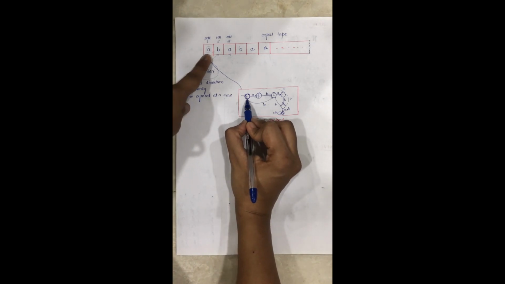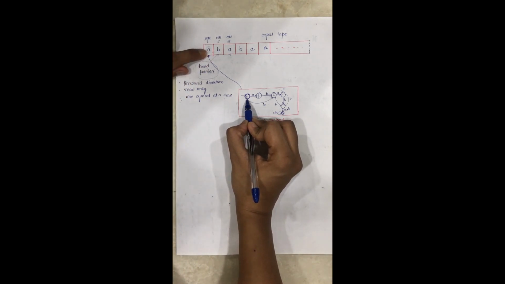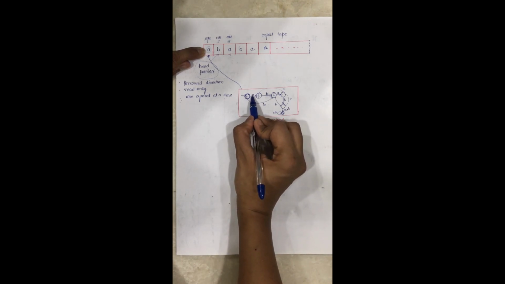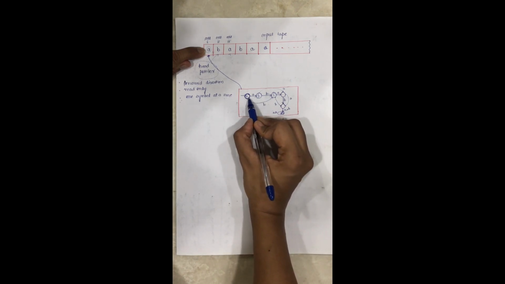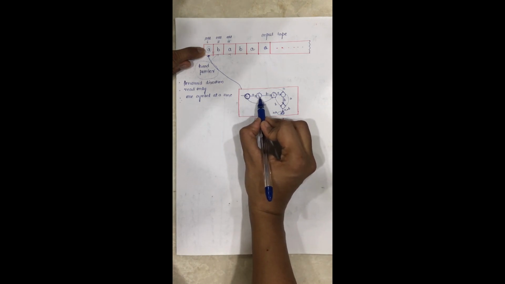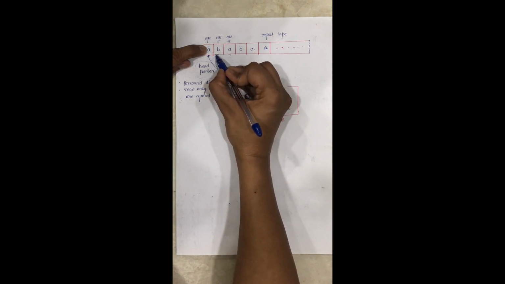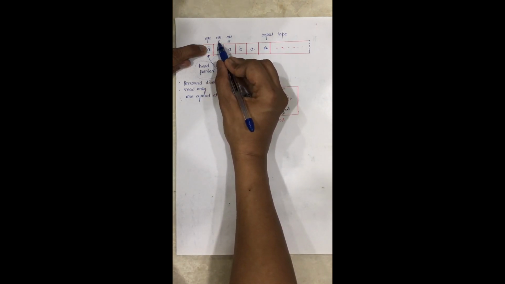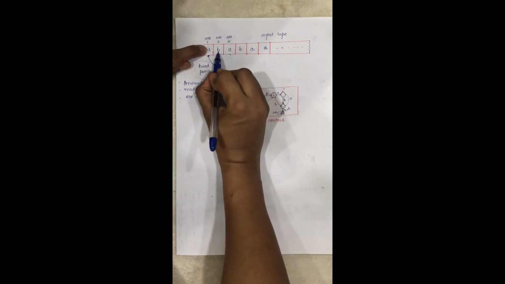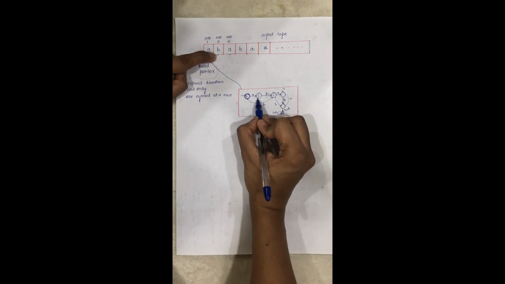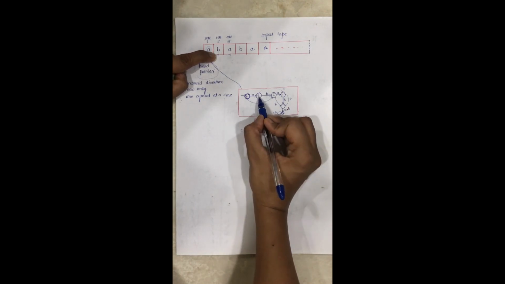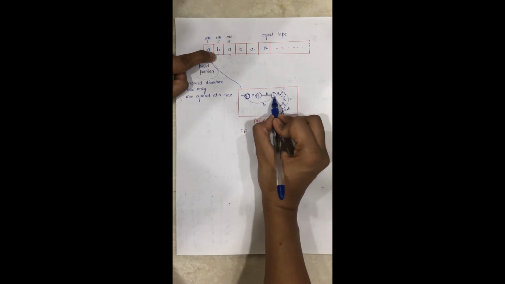Now here the input symbol is A. The head pointer will read input symbol A. At the start state for input symbol A, next state is capital B. So in the state diagram we will move from capital A to capital B. After reading small a, the head pointer will advance one cell to the right. Now it will point to cell second, and here will read the next symbol, that is small b. At state capital B, for symbol small b we will move to state capital C.